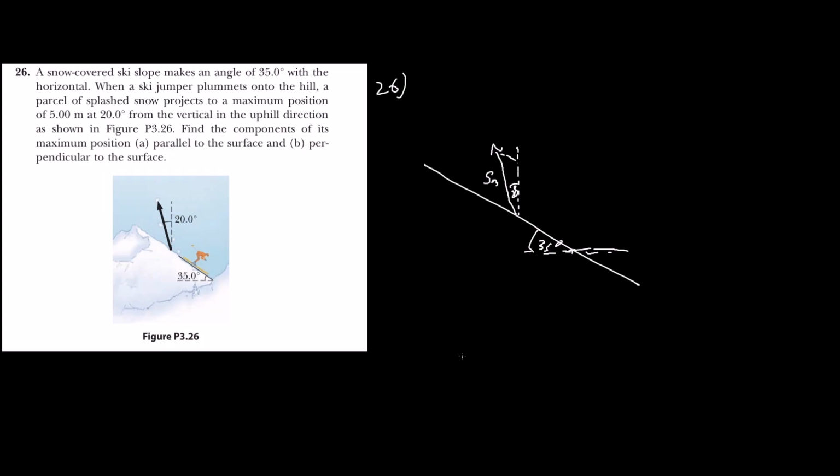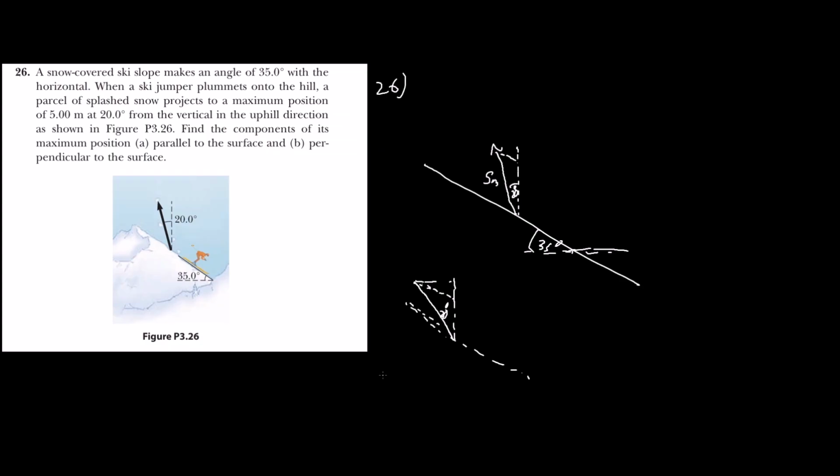So the question is asking, find the component. I think it's talking about the snow of its parallel position. I think that this is what it wants. So let me redraw this little thing. This is going to be 20 degrees from the thing, and this is going to be at some angle right there. And it wants us to find that little parallel component.